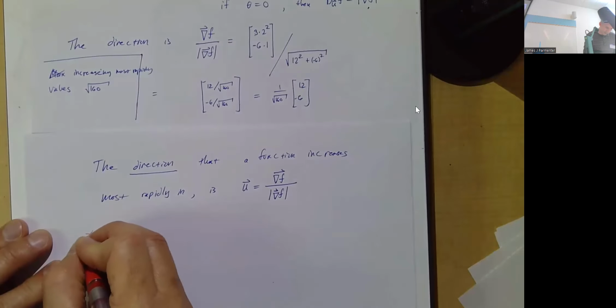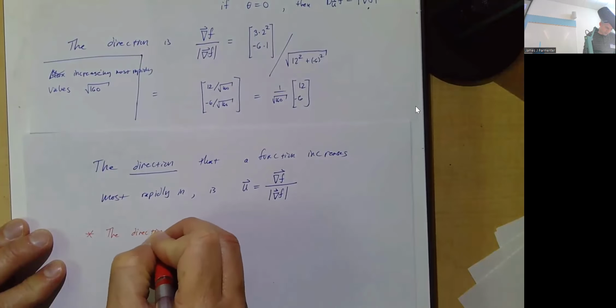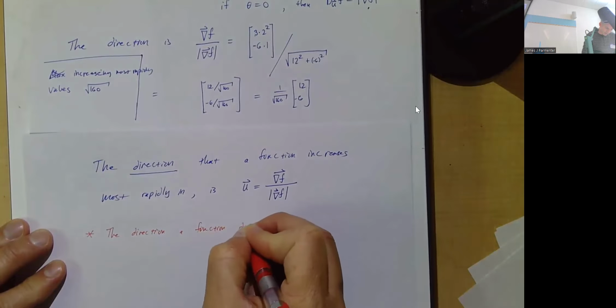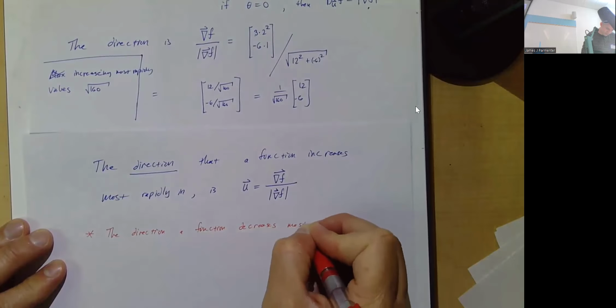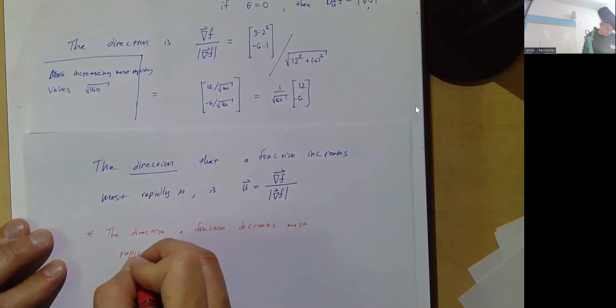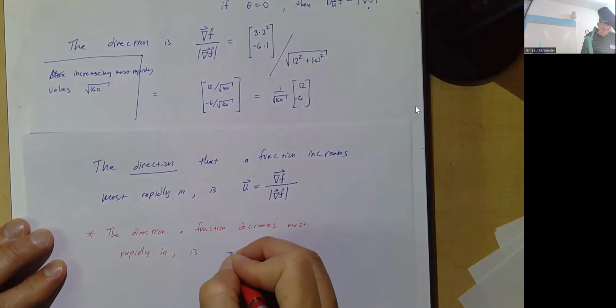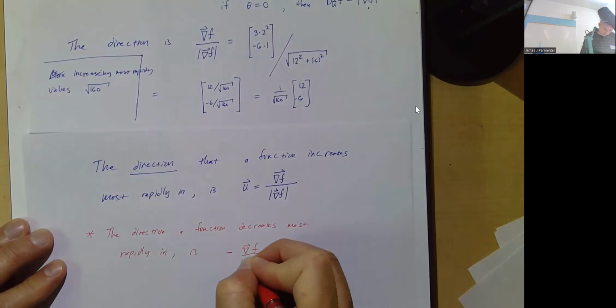As a quick aside, the direction a function decreases most rapidly in is the negative of that: negative gradient of f divided by the magnitude of the gradient of f.